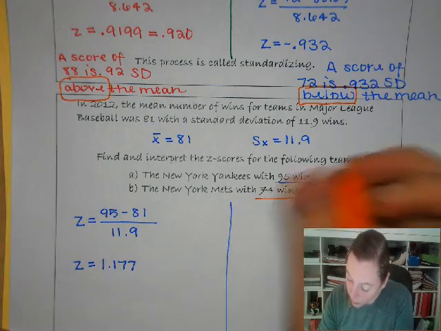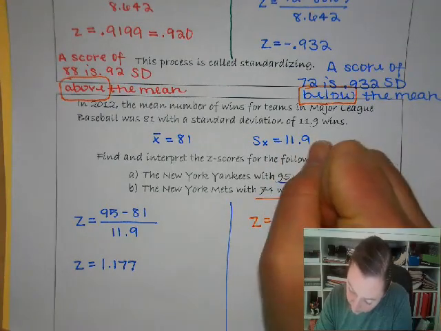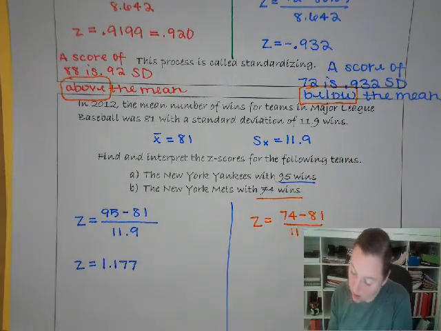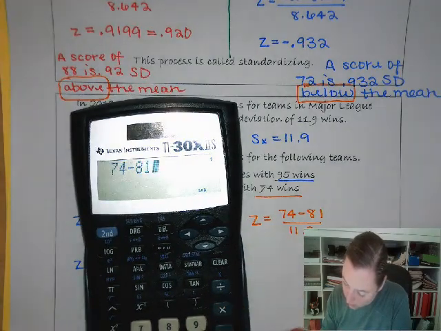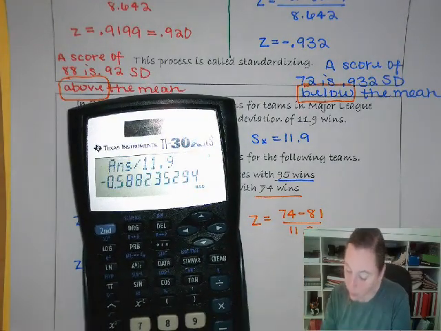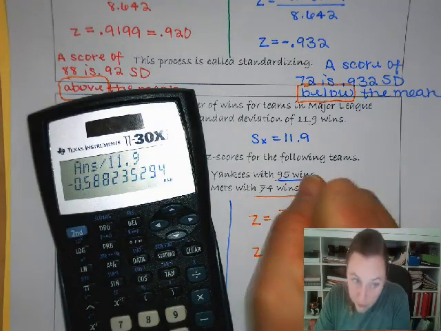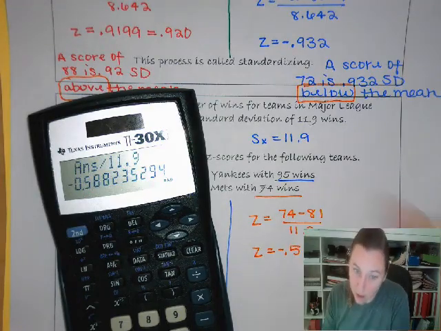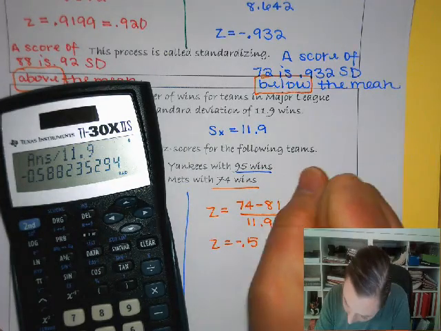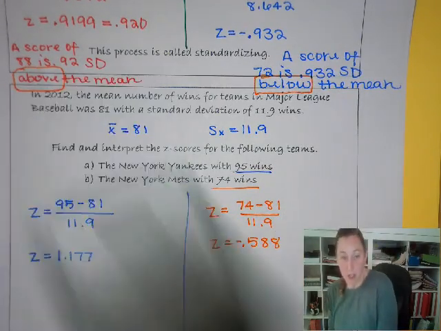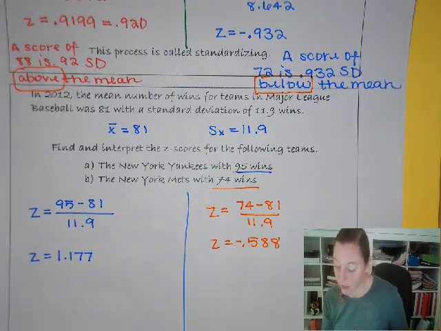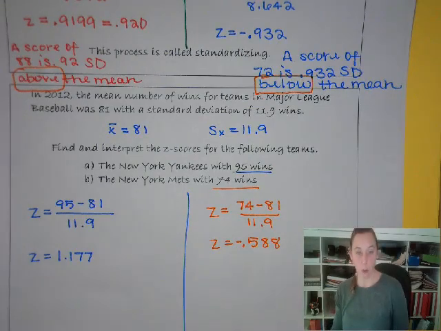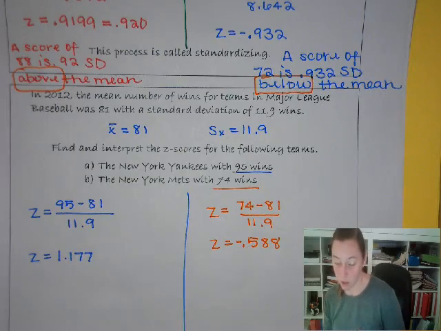And then for the New York Mets, we have 74 minus 81, divided by 11.9, which gives us a z-score of negative 0.588. Oops, my head's in the way again. So the New York Mets, with only 74 wins, was 0.588 standard deviations below the mean number of wins for the 2012 season.